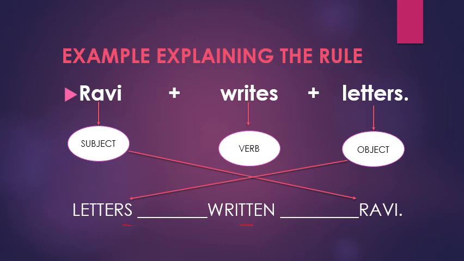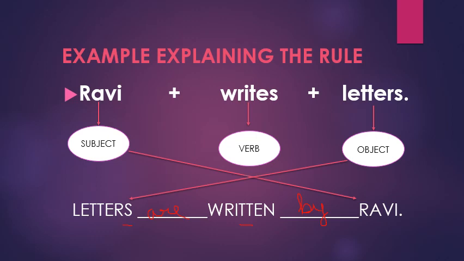So you have to follow the subject verb agreement rule. Letters are written by Ravi, and you have to follow a preposition by. Subject becomes object, object becomes subject, and the verb changes to third form. There is one more thing, the tense does not change.